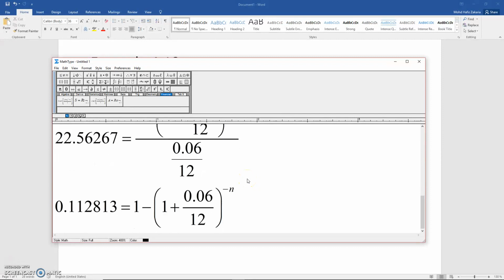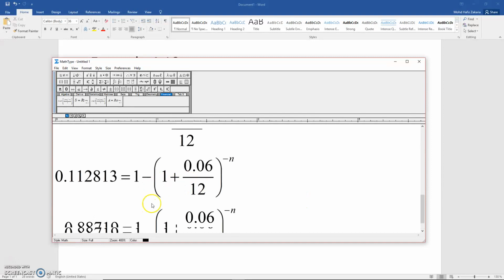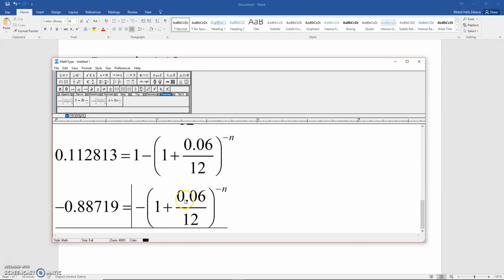Now the 1 here can be settled, just move it to the left side. So minus 1, so negative 0.888719 equal to this. Okay, so negative and negative, solve it, become positive.